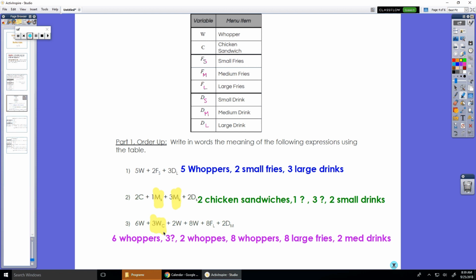Now we can make some assumptions. Maybe it's a Whopper with cheese. But I wanted just to identify the fact that sometimes you really do need to look at the variable and make sure it's something from your list. And in this case, we really could simplify this. There were 6 Whoppers, 2 more Whoppers, 8 more Whoppers, and that's actually 16 Whoppers plus. And I'm literally just going to ignore this for now, just because we don't know what the item is.